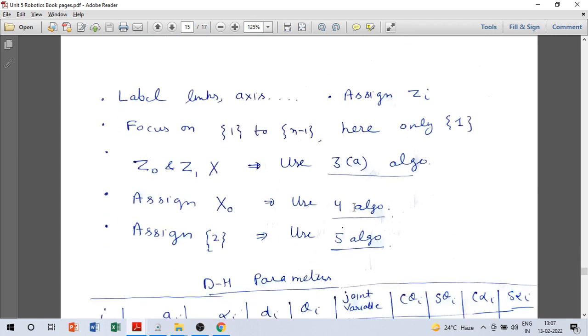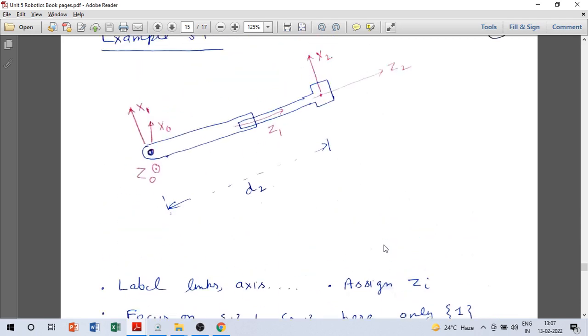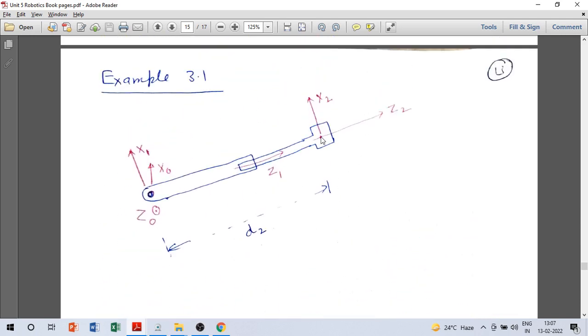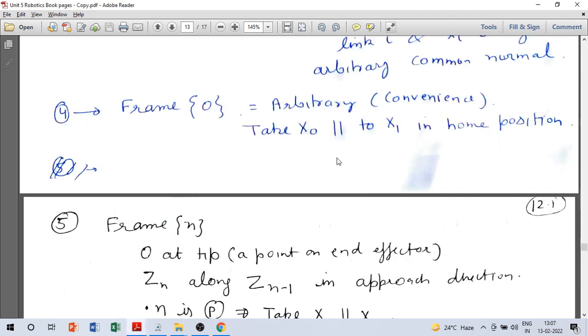We have used 0.4 from the algorithm, and after that we assign frame 2. For that we use 0.5 from the algorithm, and that point is basically that z2 will be along z1. Zn will be along zn minus 1, so we make z2 along z1. That is the first thing.